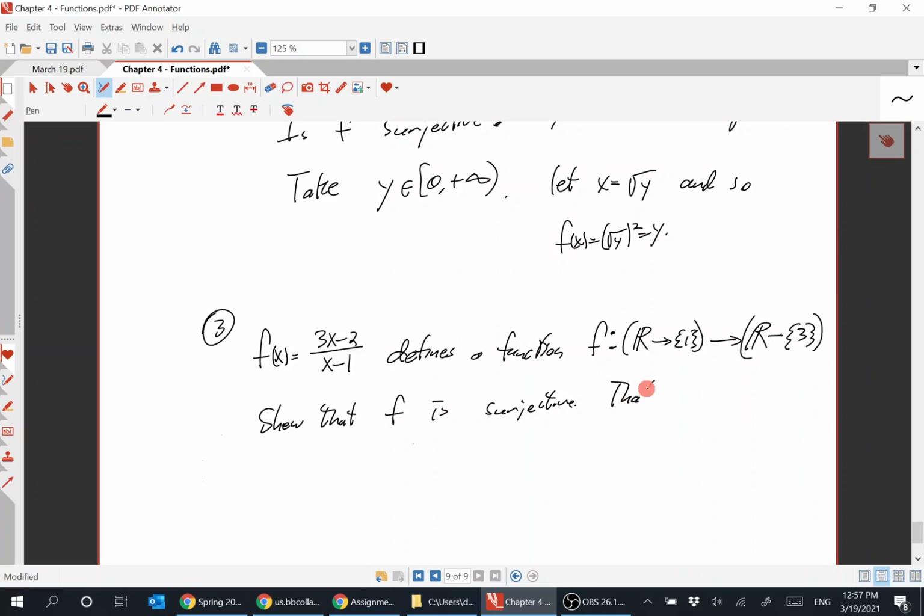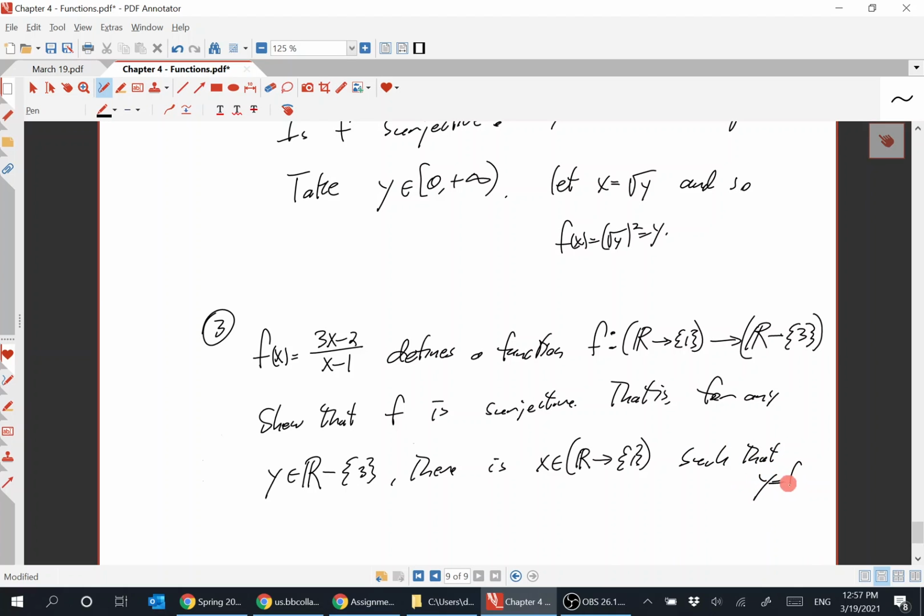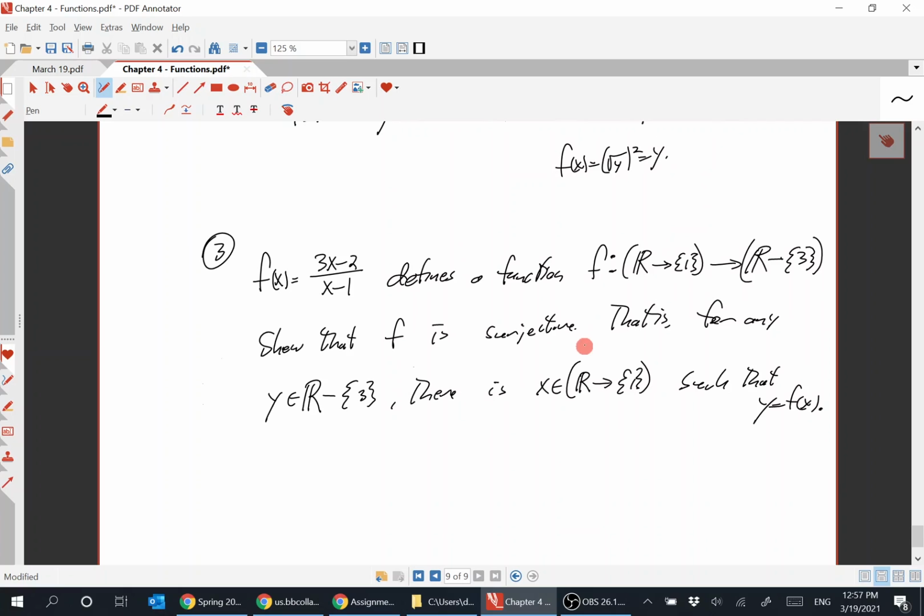That is, for any y in the range, R minus 3, there is x in the domain such that y is equal to f of x. The answer you give for x should be in terms of y.